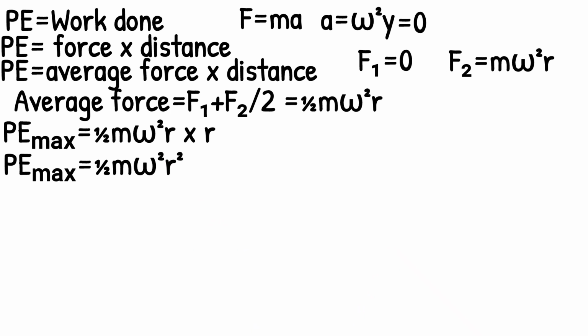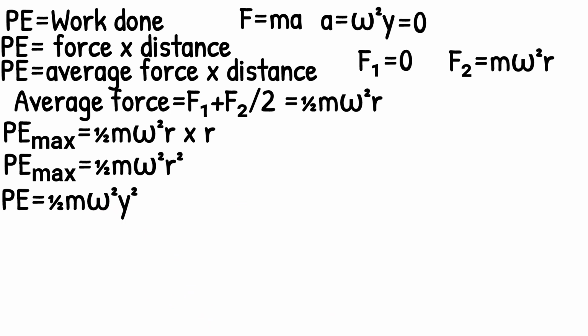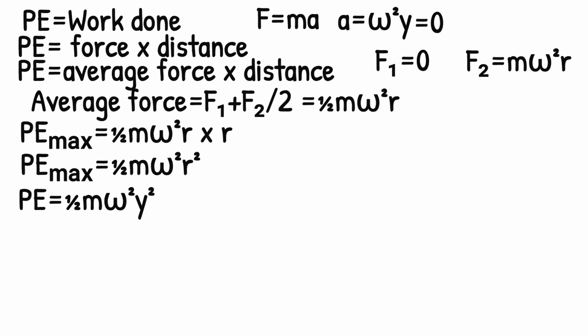So in that case, your potential energy at any point at all is half m omega square y square, not r square, because you're not talking about the maximum position. Do you understand? So that's the formula to calculate potential energy in simple harmonic motion, and the other one is the formula to calculate maximum potential energy in simple harmonic motion.